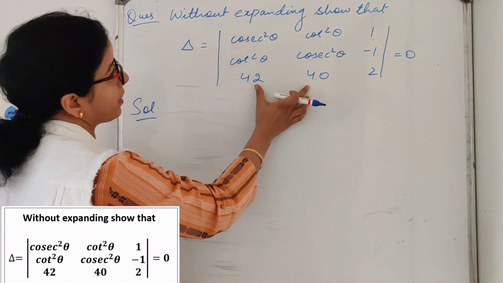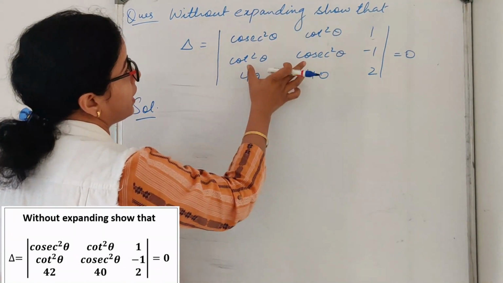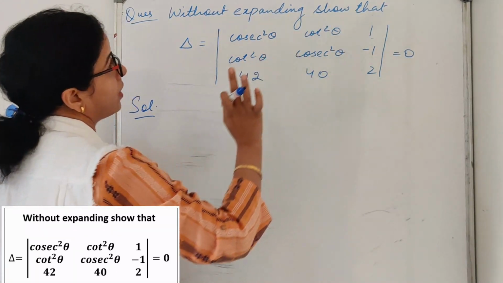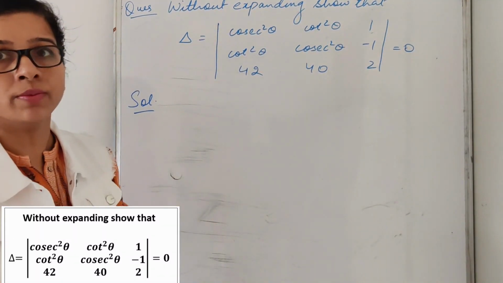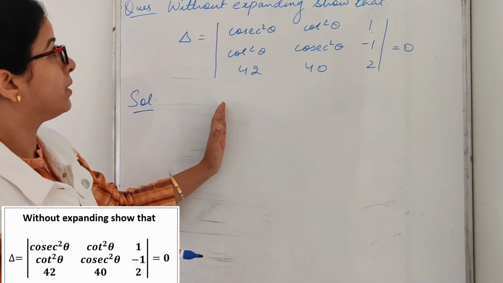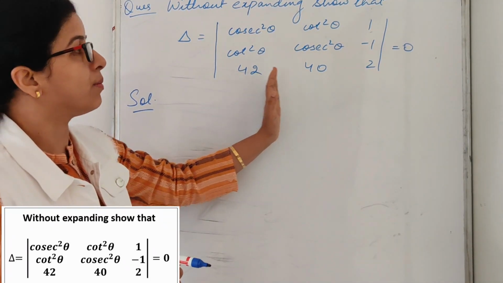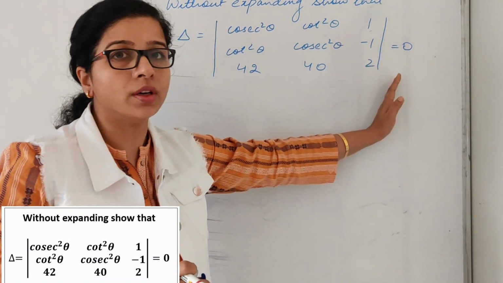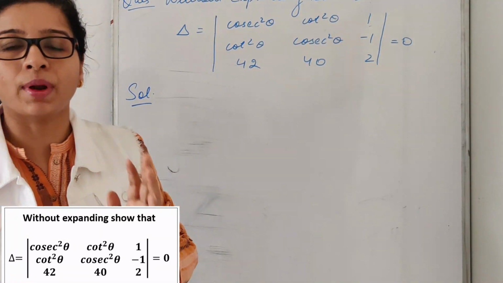If I subtract these two, I get minus 1. If I subtract these two, I get 1. So what will be my operation? C1 tends to C1 minus C2. Seeing what we want, we apply our operation.